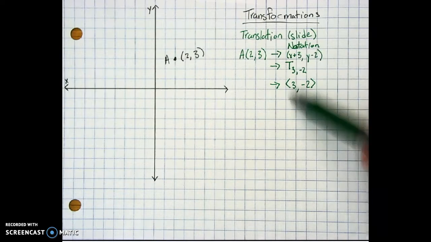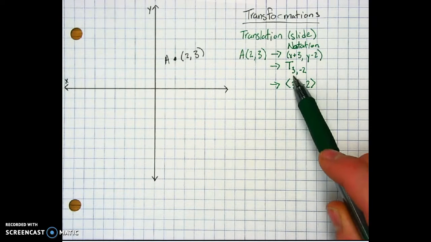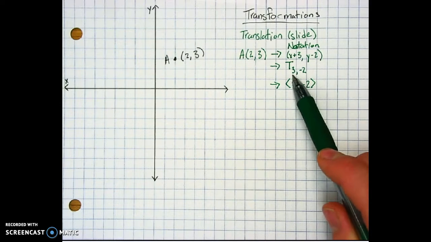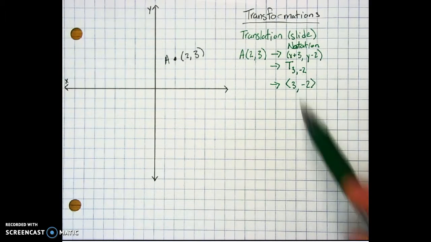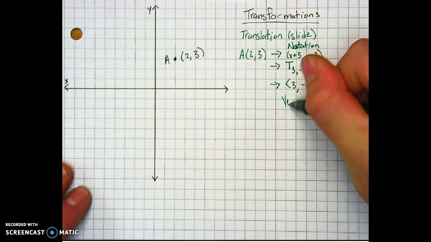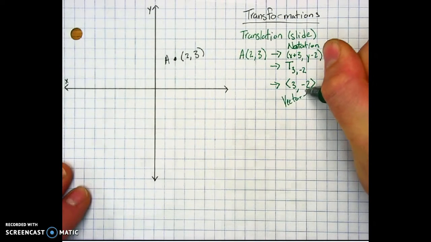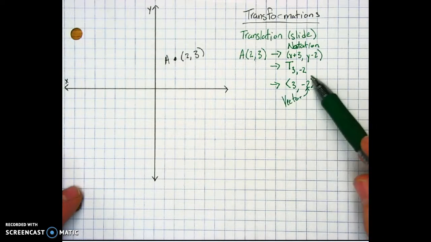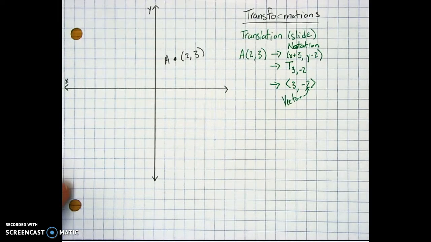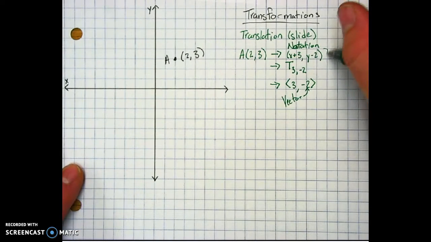Similarly, we have a capital T for translation, and then again in coordinate order, just as an ordered pair, x and y, positive 3, negative 2. And this last one is called a vector transformation. Again, it has the brackets for vector, and you can tell again positive 3, negative 2: 3 to the right and 2 down.